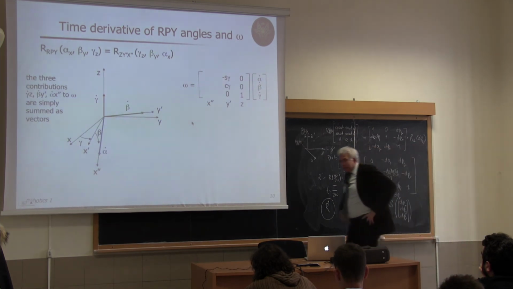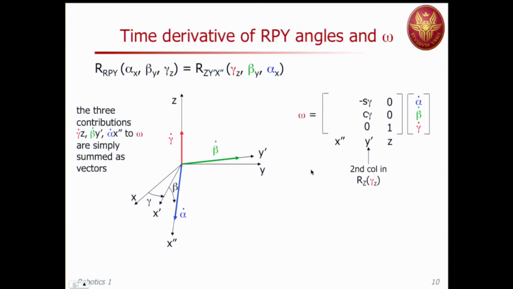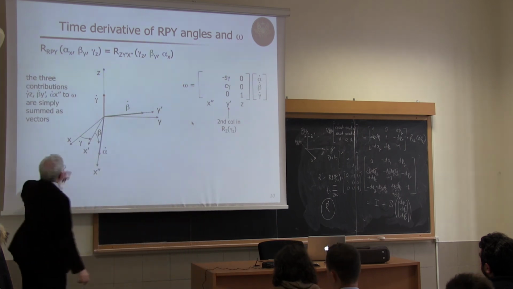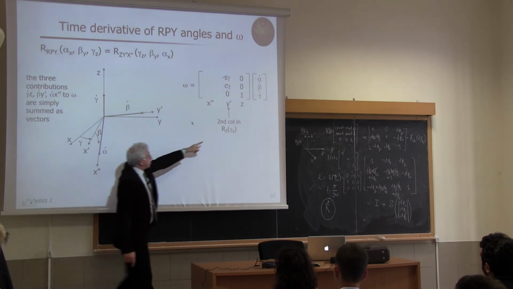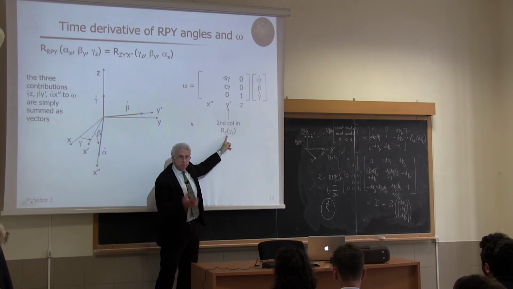If you cannot see it, there's another way of doing this systematically. So what have I done after the first rotation? I've done a rotation around the z-axis. Okay? So in that product, the second column of this rotation matrix represents what?